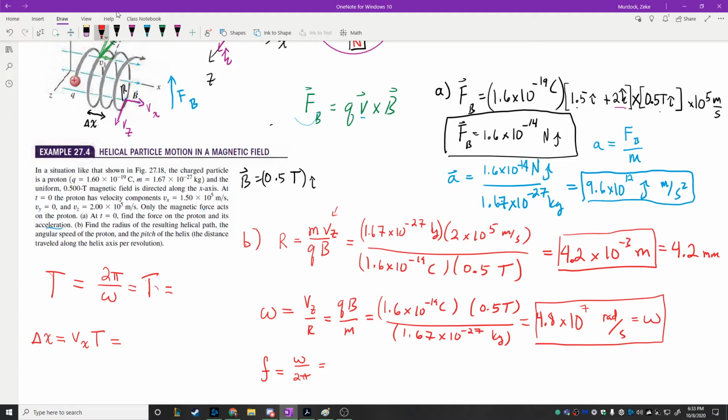Okay, so I got the time is like 1.3 times 10 to the negative 7. That's in seconds. Plug that in here. X velocity was 1.5 times 10 to the 5. And we would just multiply that by this number right here.